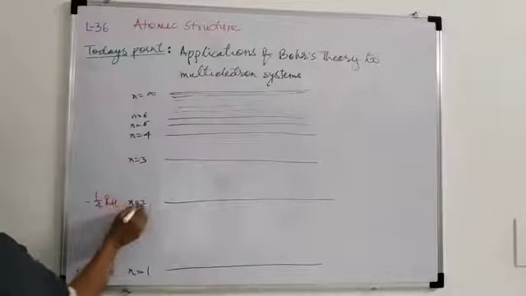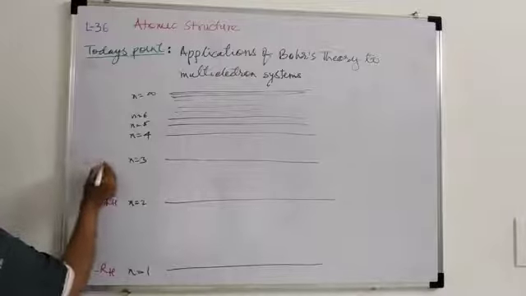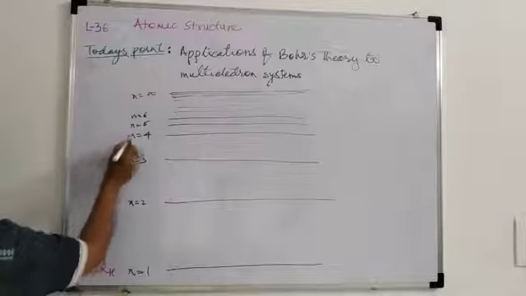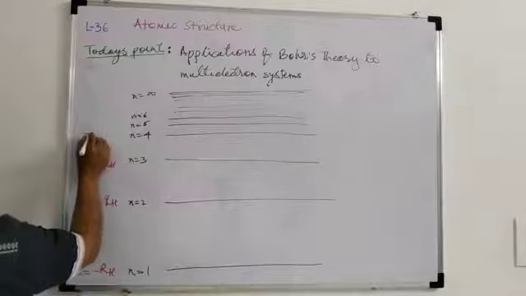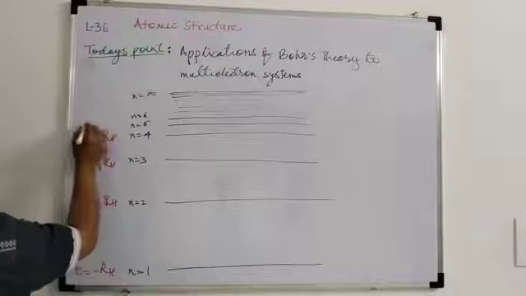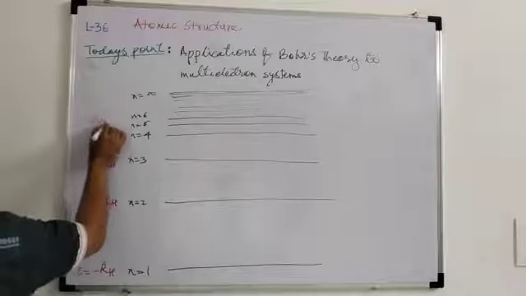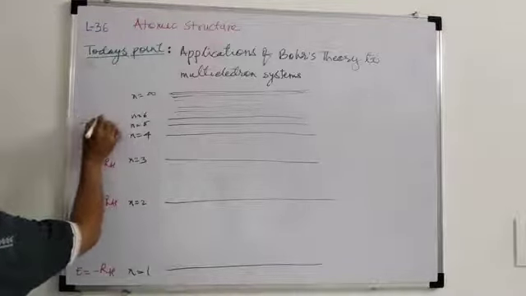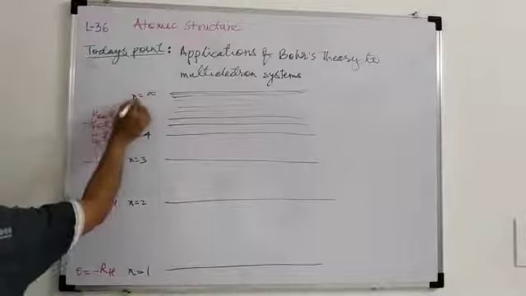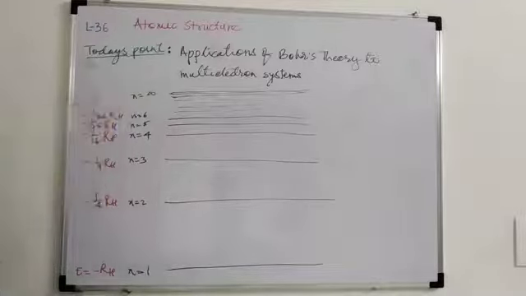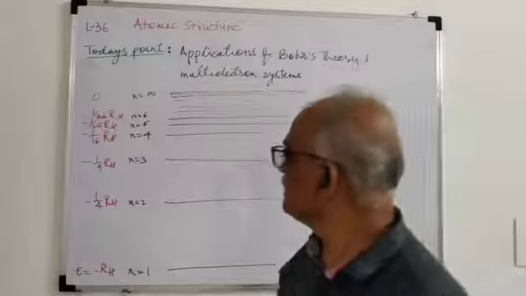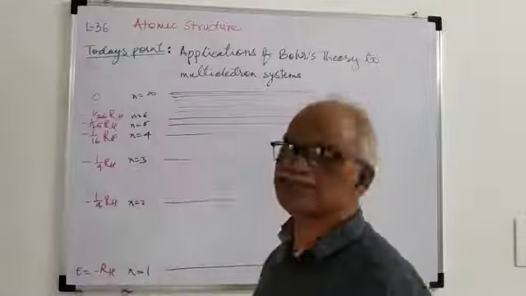For the third, minus 1 upon 9 RH. For n equal to 4, minus 1 upon 16 RH. For n equal to 5, minus 1 upon 25 RH. For n equal to 6, minus 1 upon 36 RH. And for n equal to infinity, it is 0. In this way, we can have the energies of these various energy levels.